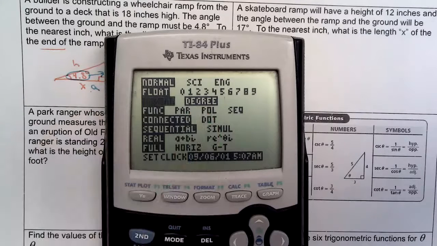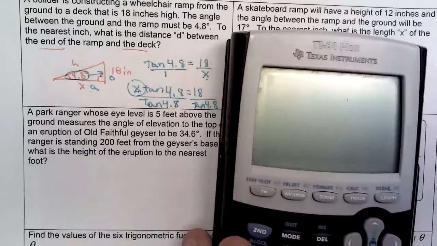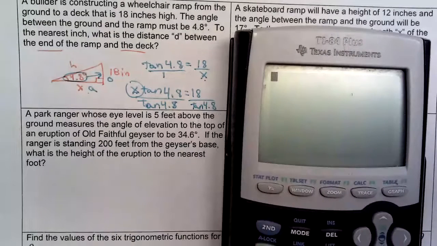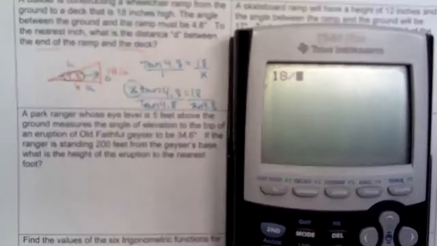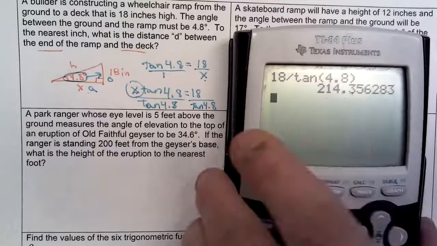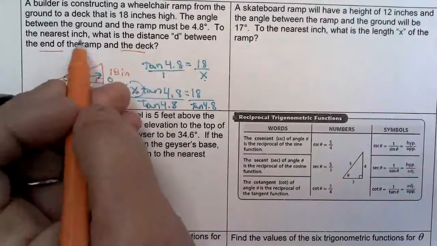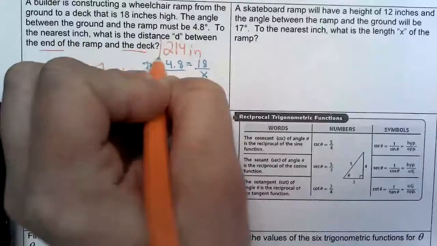Make sure that you're in degrees mode and know that we are going to be switching back and forth a whole lot. Okay, so make sure that you are able to do that as we start working through it. So I'm just going to do 18 divided by tangent of 4.8, and I get about 214 inches. It says round to the nearest inch. So 214 inches.